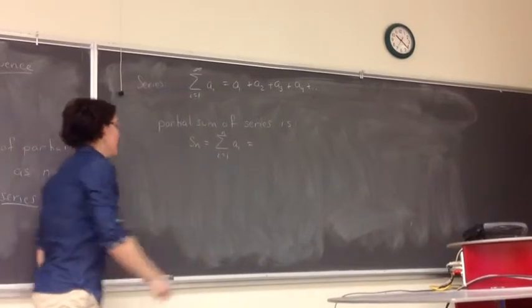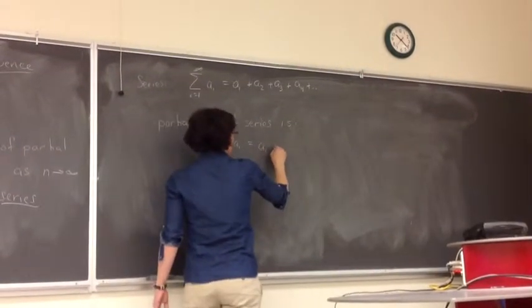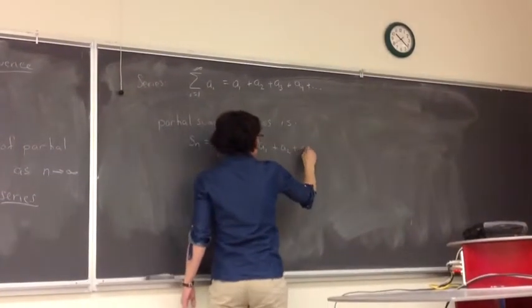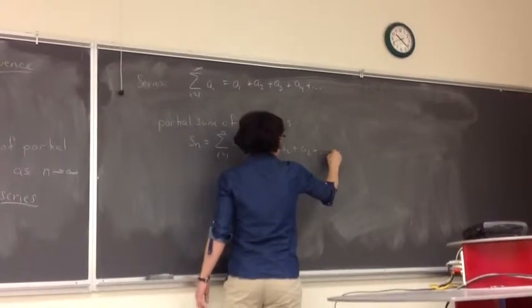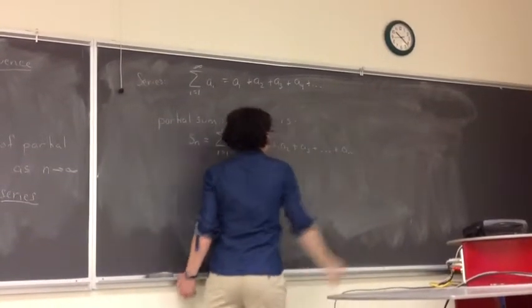So our partial sum starts at a_1, adds on a_2, a_3, etc., all the way up to stopping at a_n.